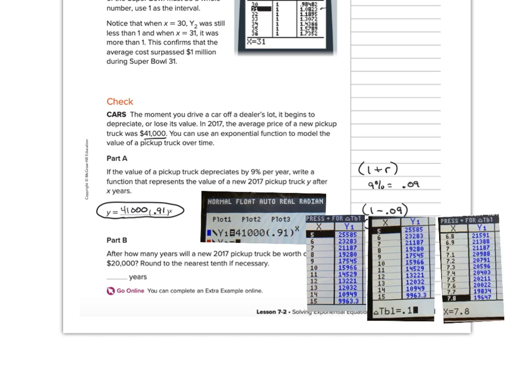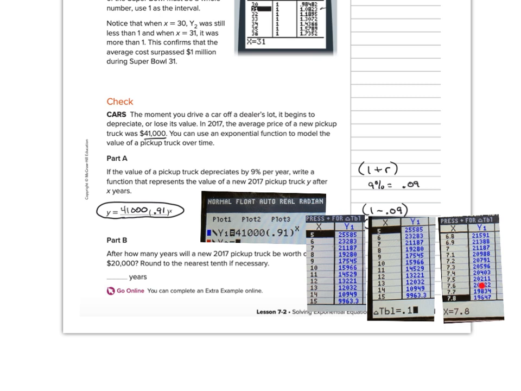So here, when I changed the table to 0.1, it was an incremental 1, so I went to 0.1, and now it looks like instead of going from 7 to 8, I have 7.1, 7.2, 7.3, 7.4. After how many years will your new pickup truck be worth only $20,000?